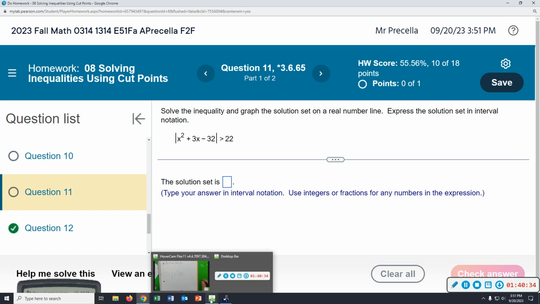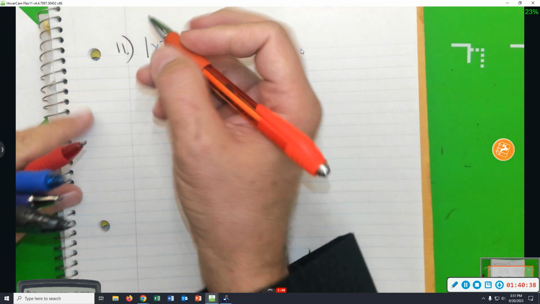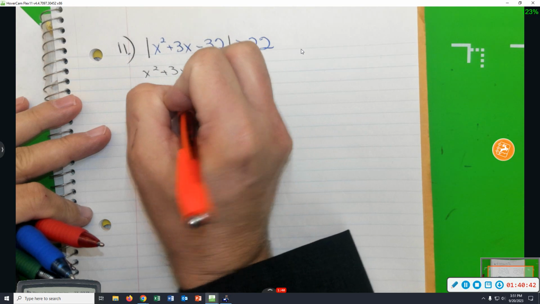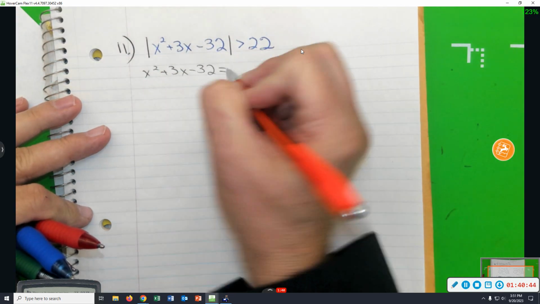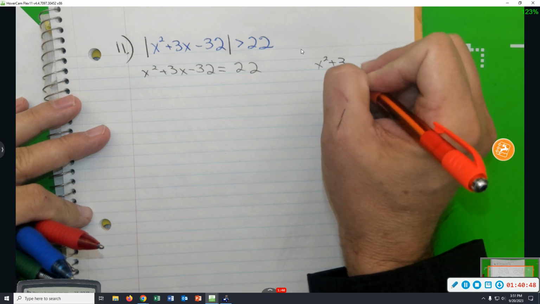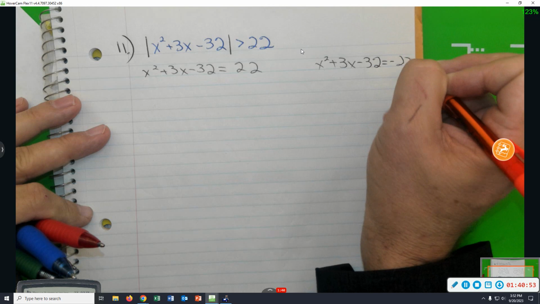Okay, so we start off by getting to the chase: equals 22 and equals negative 22. So we have x squared plus 3x minus 32 equals positive 22 and equals negative 22.